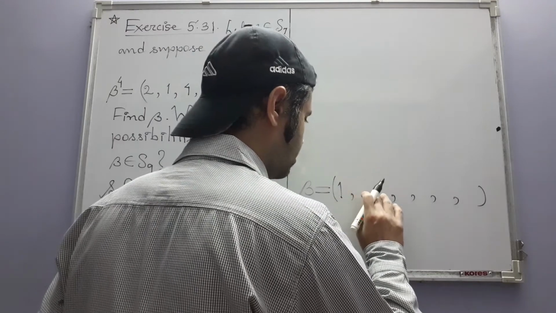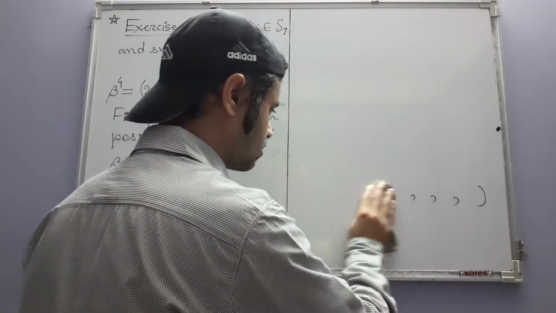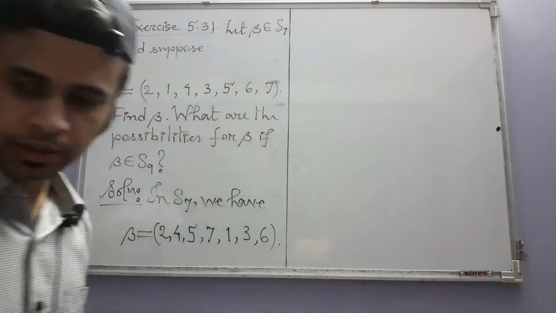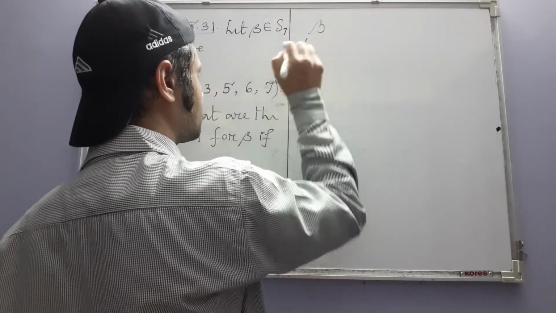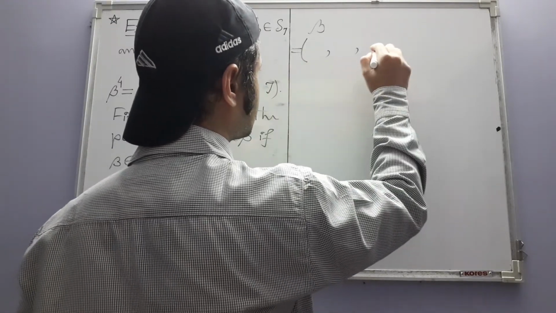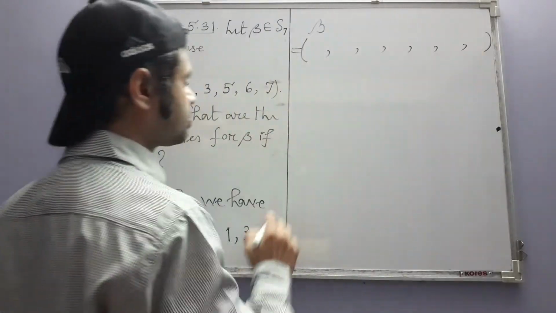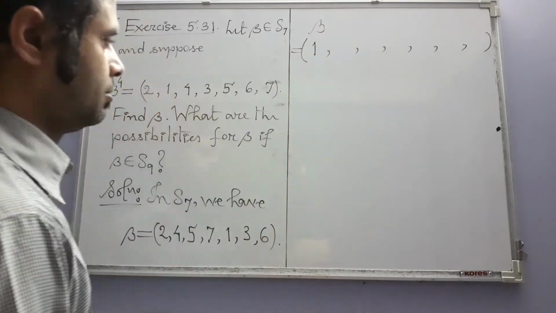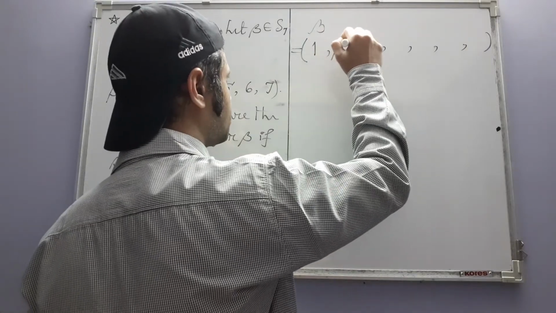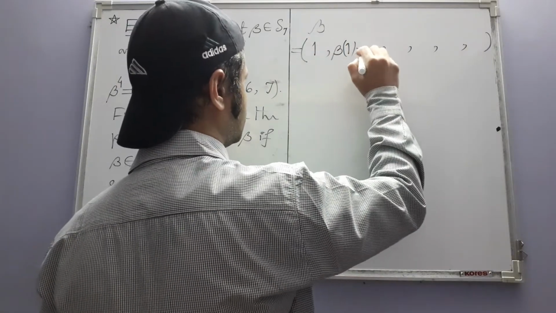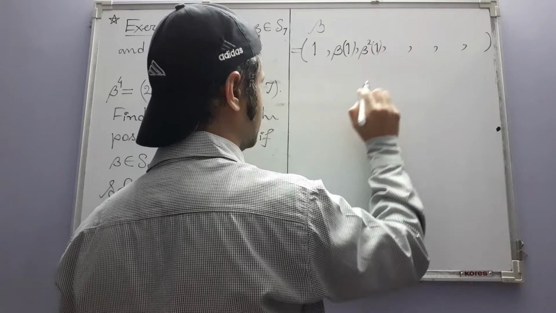So we don't really know. I need somewhat more space to properly show you the calculation. So let me write like this. So we have 1 here. You know how a cycle is written, so that is why this next one is beta of 1. Then the next one is beta square of 1.